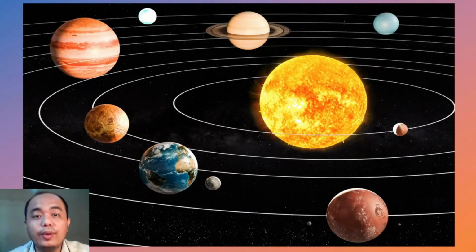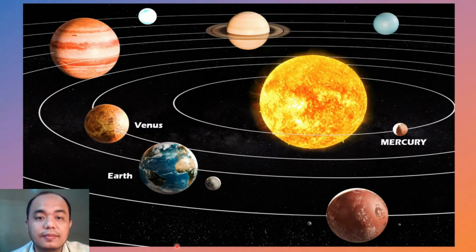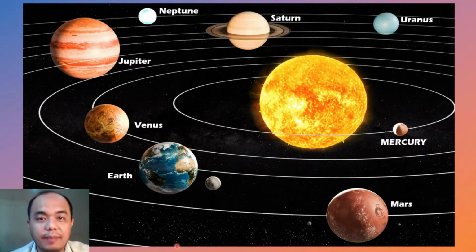As you all know, the 8 planets in the solar system are Mercury, Venus, Earth, Mars, then Jupiter, Saturn, Uranus, and Neptune. So the planets are classified into inner and outer planets, right?